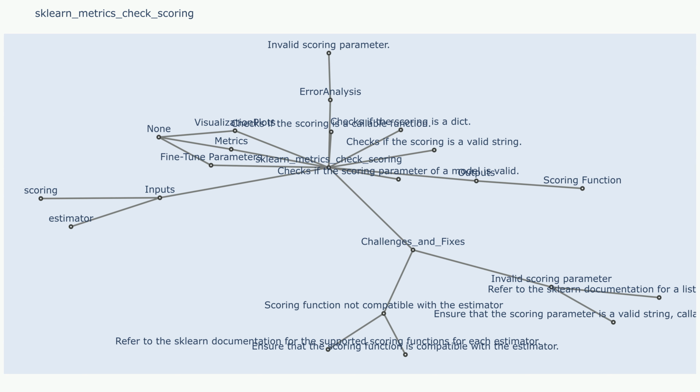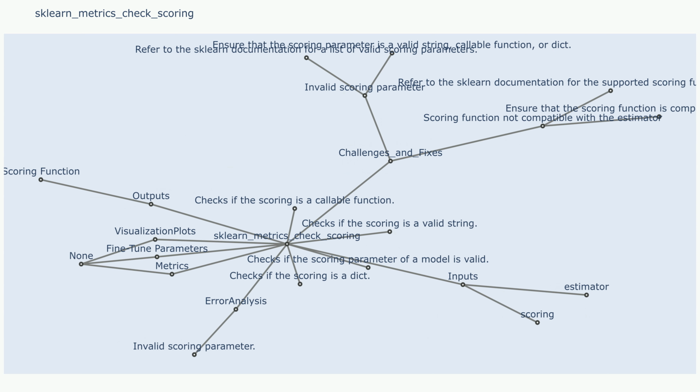Precision-recall curve. A plot that shows the trade-off between precision and recall for different classification thresholds. Residual plots in regression tasks. Plots that visualize the difference between predicted and actual values, helping to identify patterns and assess model fit.